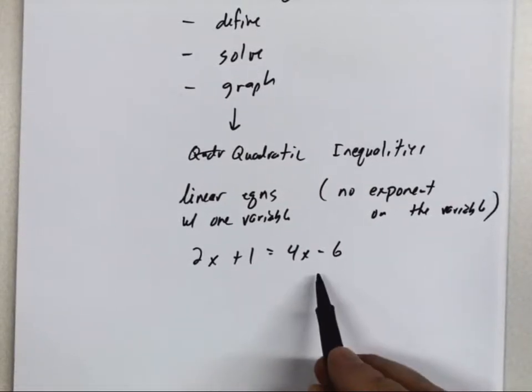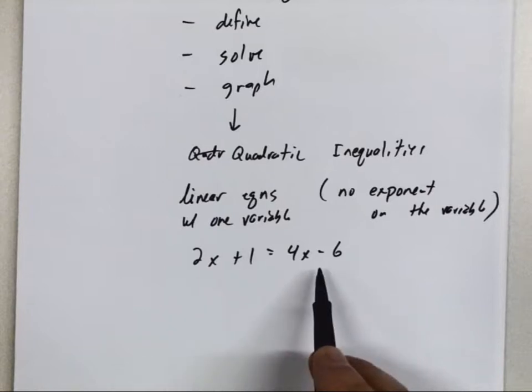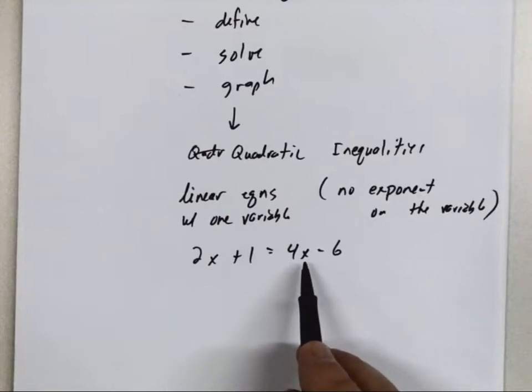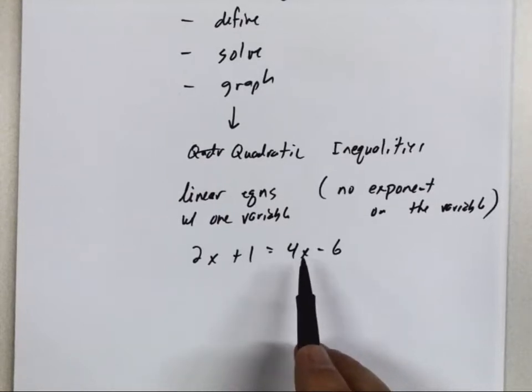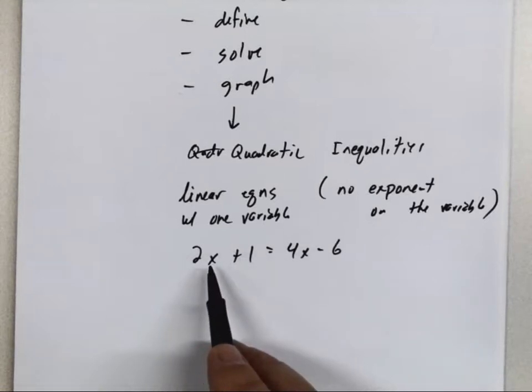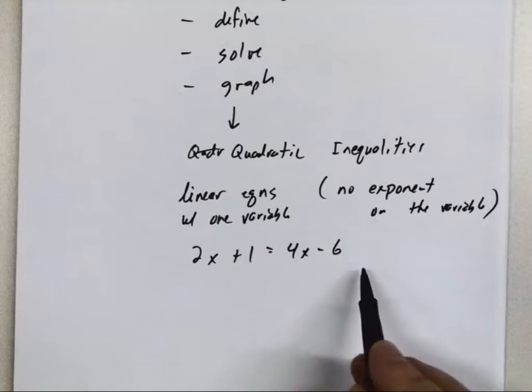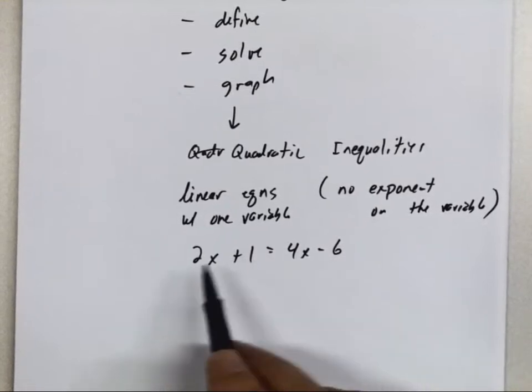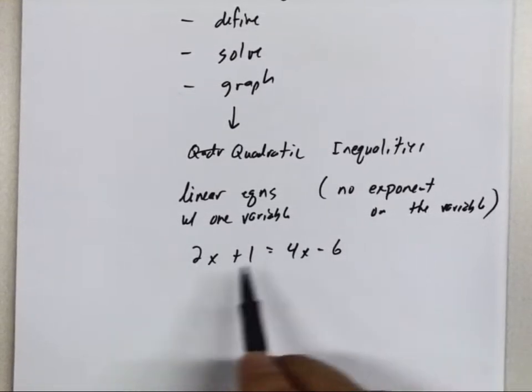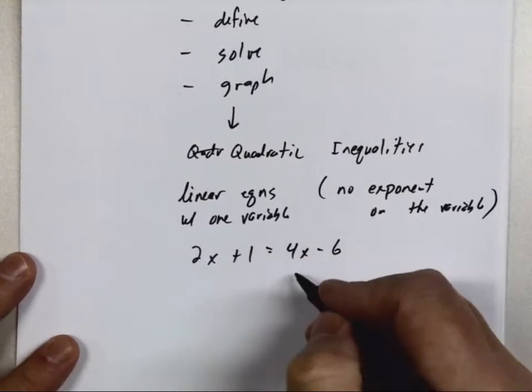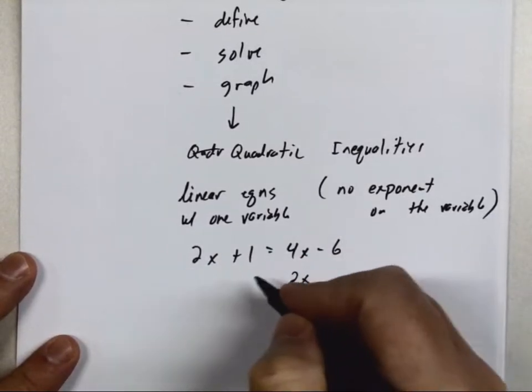And we know how to solve this. The way we solve a linear equation like this is we get all the terms with the variable on one side, we get all the terms without a variable on the other side, and we go from there. So we first add, subtract, move things from side to side. So for instance, subtract 2x from both sides.